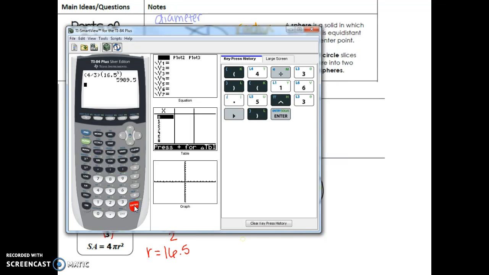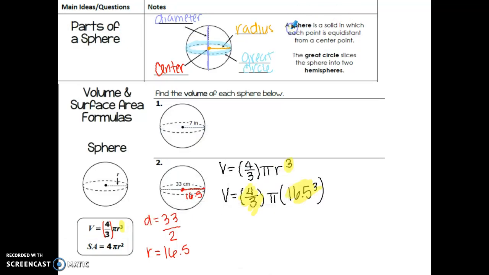So that's going to be 5989.5. So volume 5989.5 pi. I take my units, and because this is volume, I'm going to cube them. So that's one of our answers.